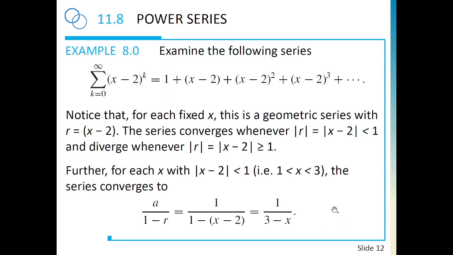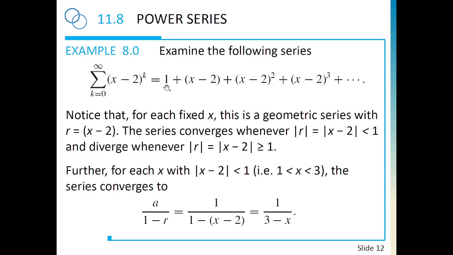So let's see what's happening here. If I try to find the radius and the interval of convergence for this power series. So if I look what I have here, I have actually a geometric series. Ooh. So I don't even need to use the ratio test because this is a geometric series and I know already the rules for the geometric series.